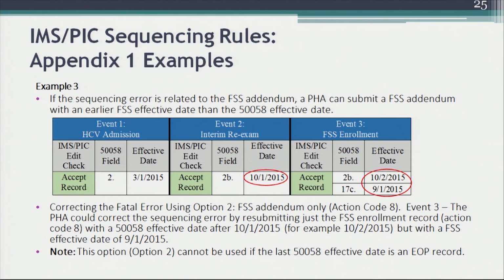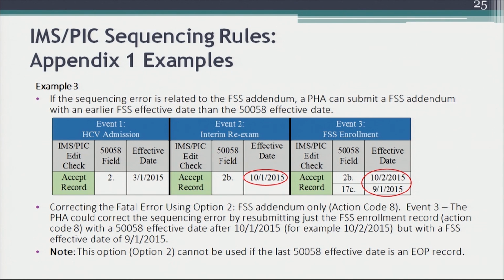Under Event 3, we still keep that date. So on the 5.8 field 17C, the date shows 9/1. But here what we're doing is we're changing the date on the 5.8 field 2B, the 5.8 effective date, and we're changing that to 10/2 so that it's after the date that's currently in the system of 10/1, which is under Event 2.